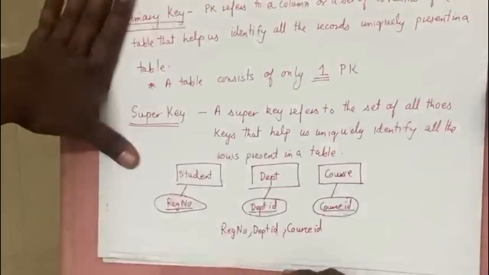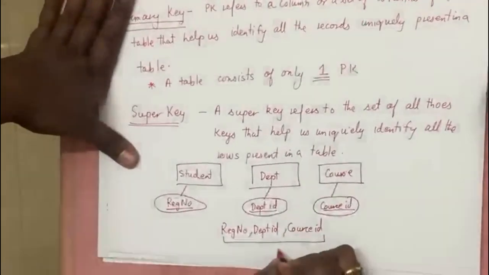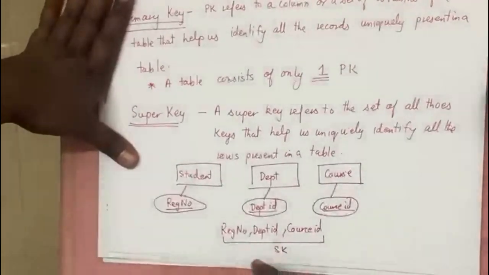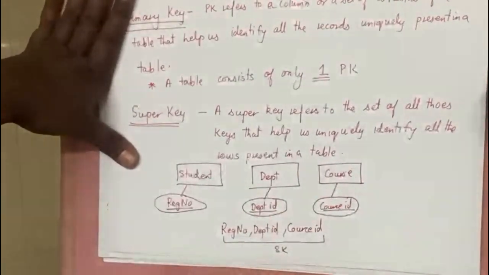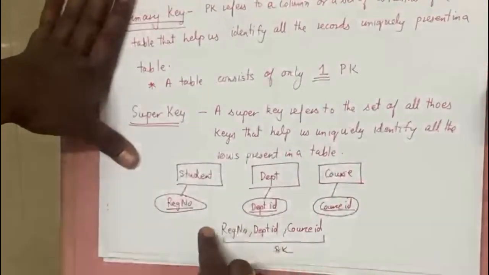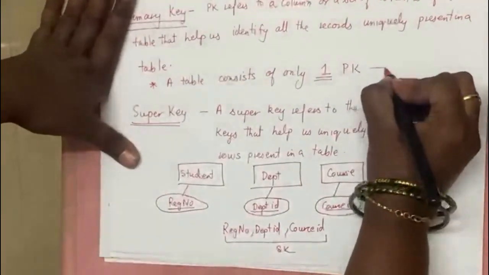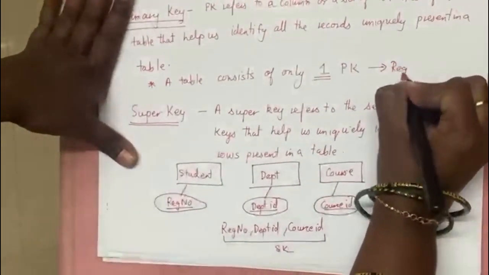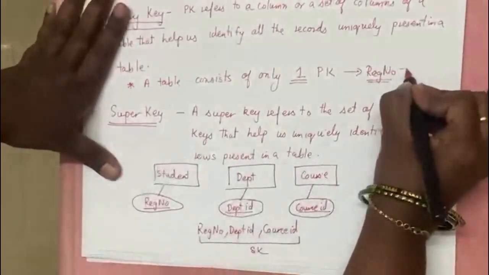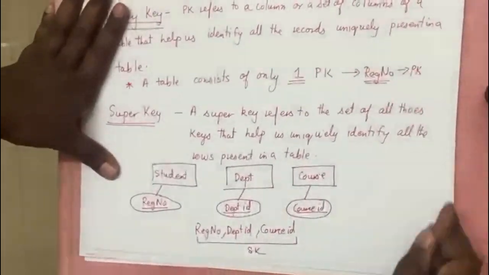When I combine all of these, I can call it a super key. But in case I want to uniquely identify a student, I am going to use only one entity of it, which is nothing but the register number. So register number becomes the primary key to uniquely identify a student.